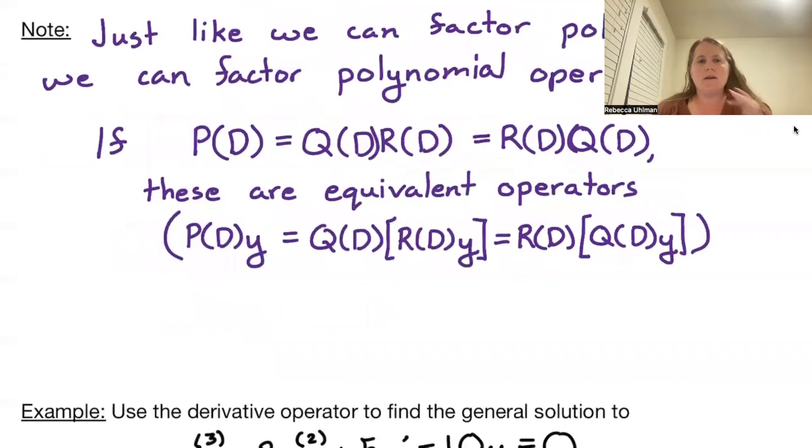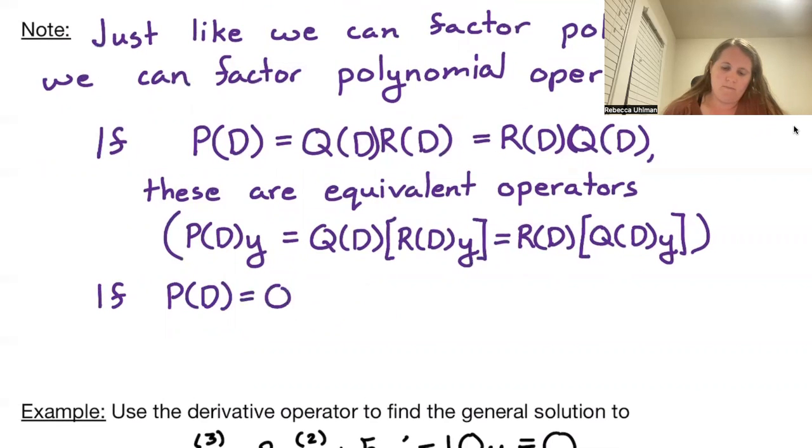So what we get is that if P of D y equals 0, in other words, y is a solution to the homogeneous equation... sorry, I have this backwards.